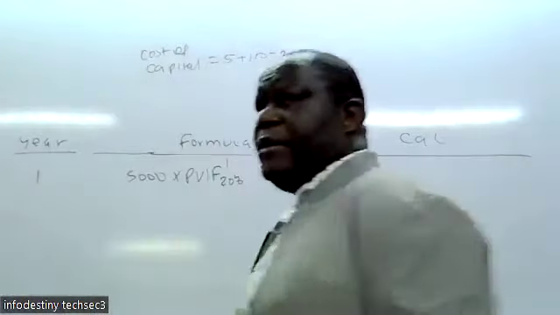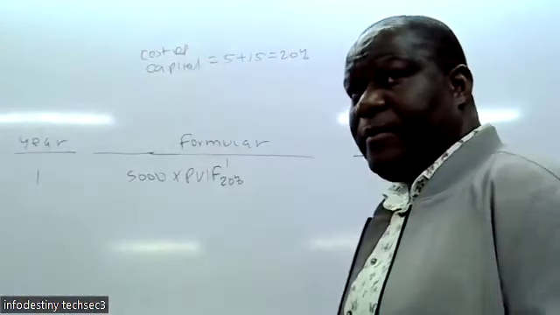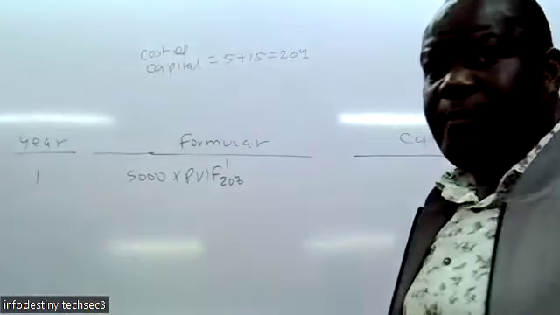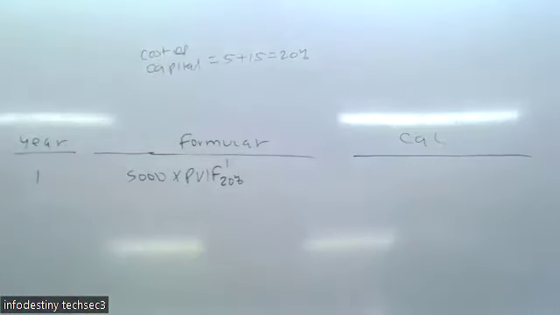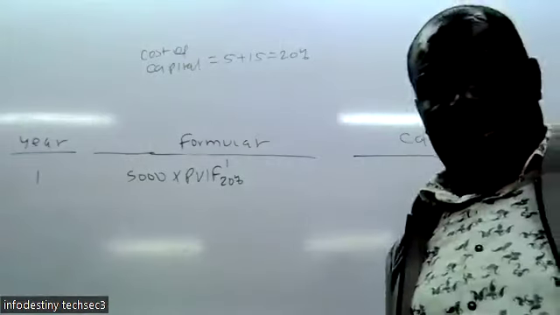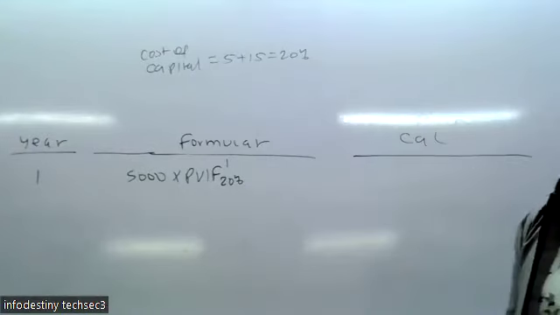This one is not the same. You see, year 1 and year 2 are not the same. So we use the first table, even though year 1 for both tables is the same. So what is there as 20% in year 1?